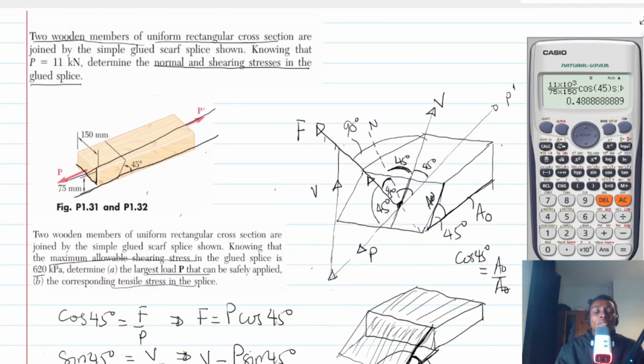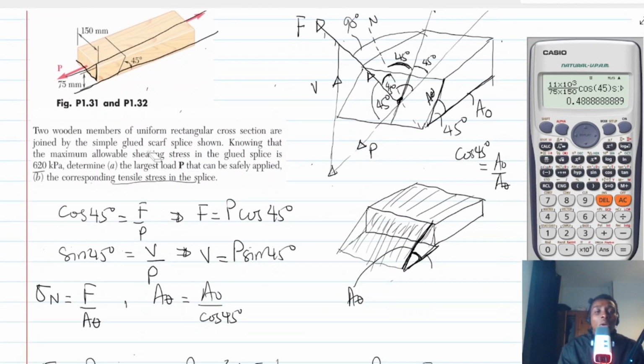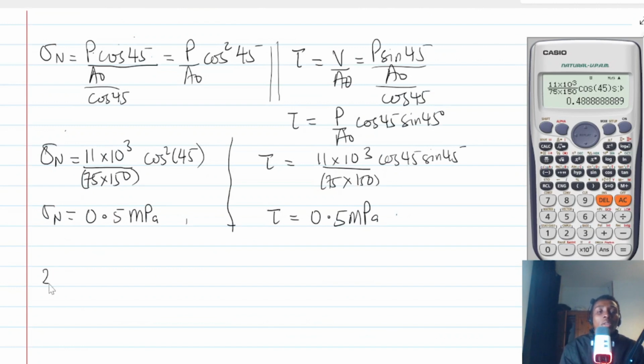Now the second part of the question: knowing that the maximum allowable shearing stress is 620, we should determine the largest load P that can be safely applied. The shearing stress is P over A naught cosine theta sine theta.